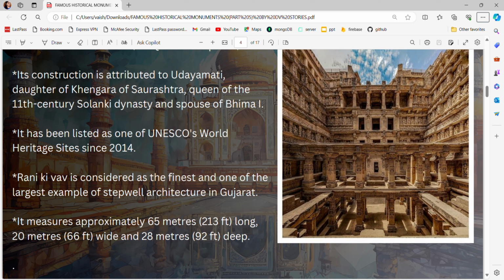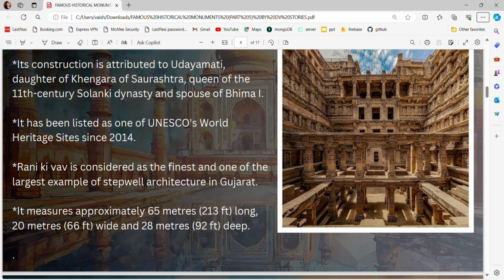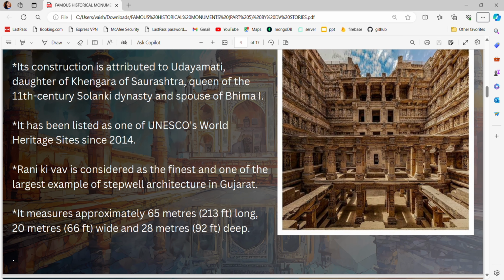Rani Ki Vav is considered the finest and one of the largest examples of stepwell architecture in Gujarat. It measures approximately 65 meters long, 20 meters wide and 28 meters deep.